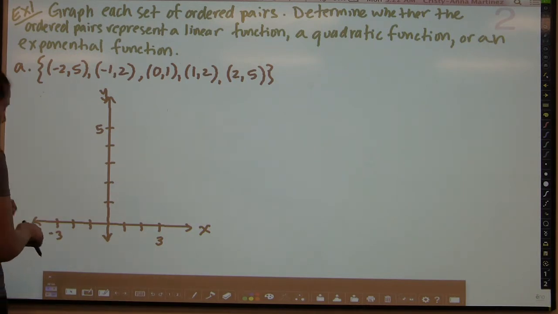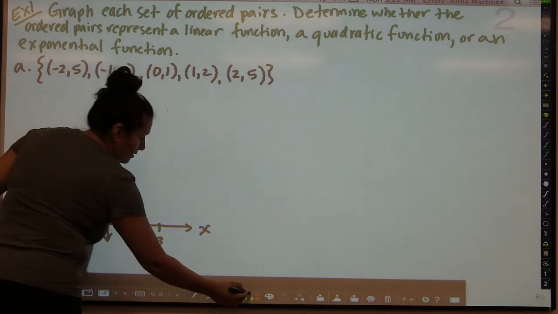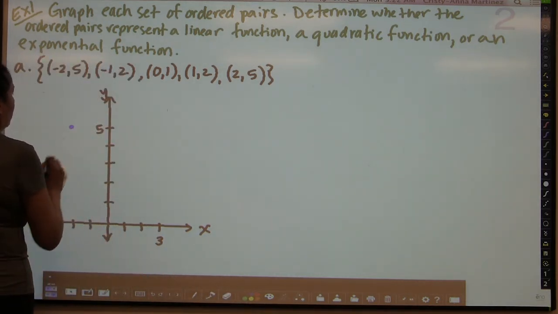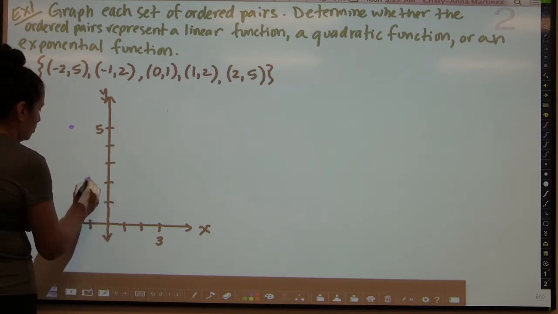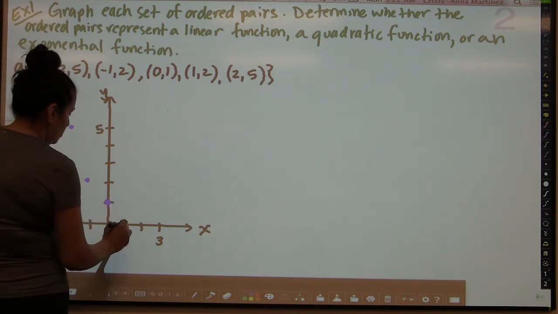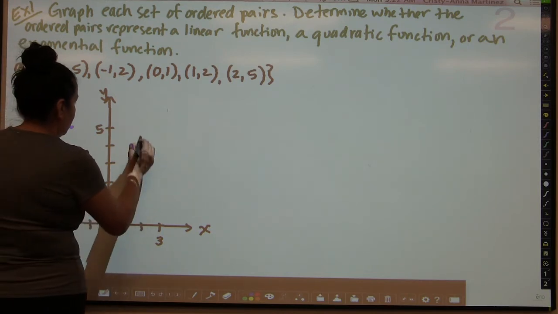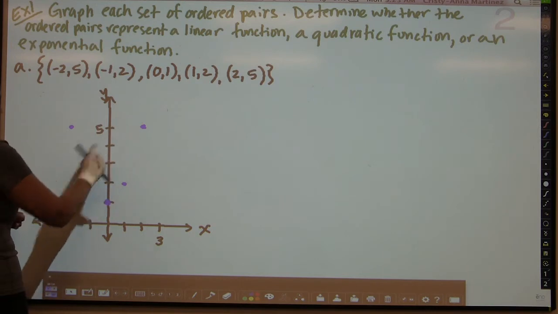Let's see here. Negative 2, 5. So here's negative 1, negative 2, and 5. Negative those, positive 5 right about there. Negative 1, 2 is going to be negative 1, 2, 0, 1, 1, 2, and 2, 5. So one of the things that you can see is how the symmetry is working here with the points like that.